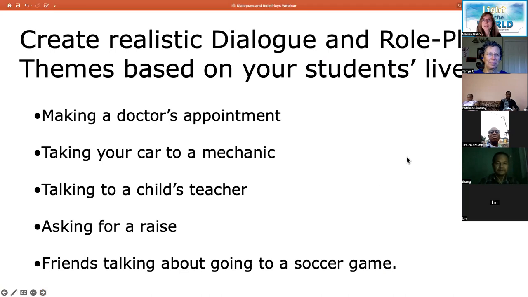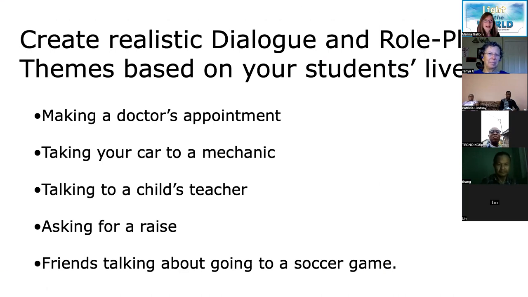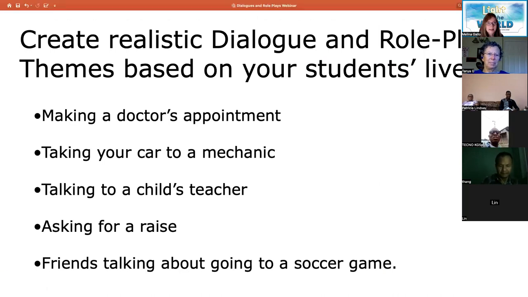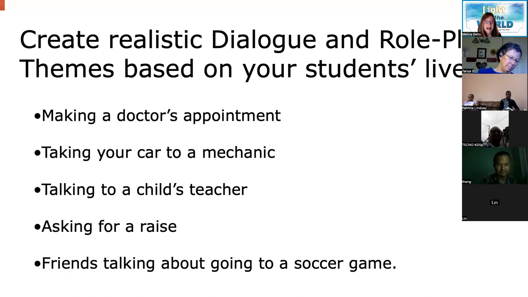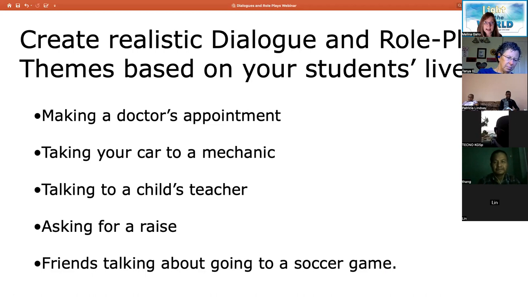And you can also create your own dialogues. So we have dialogues in the Light of the World materials, but your students may have situations in their lives that are coming up that they want to know how to communicate in. And you can create a personalized dialogue for your class based on your students' lives.